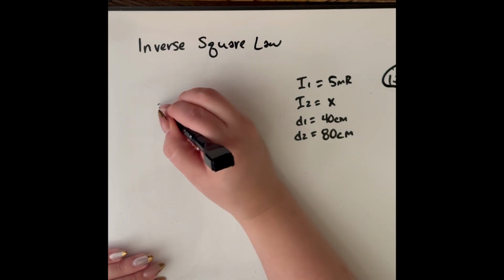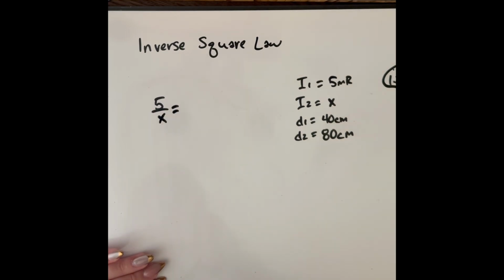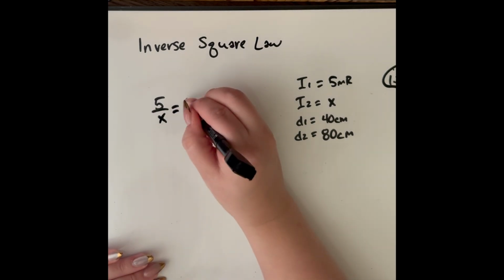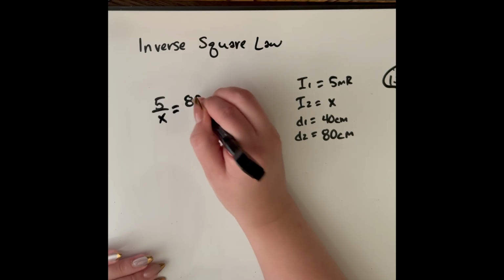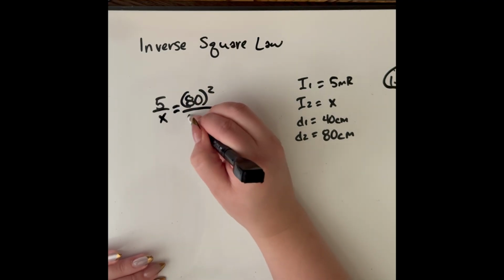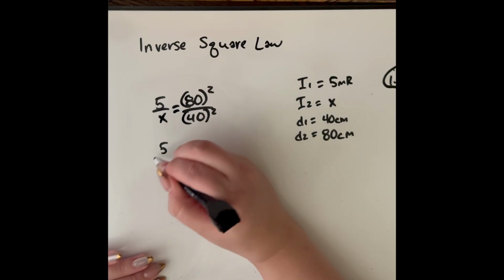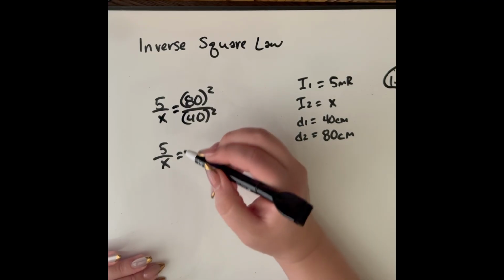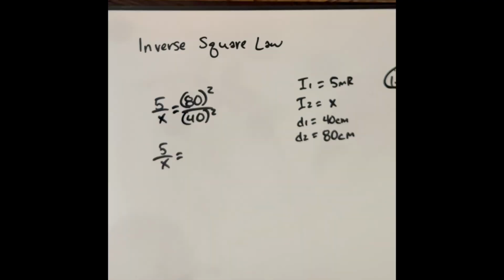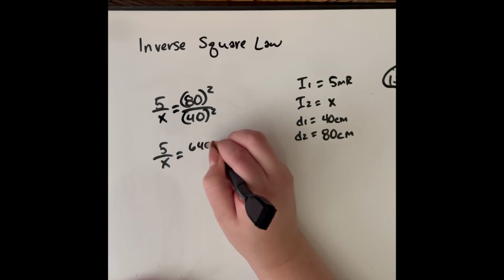So our I1 is going to be 5. We're still going to use x for our I2. Our D2 is 80, and we're going to end up squaring that, and our D1 is still 40. So get this all nice and pretty. 8 times 8 is 64, so this should be 6,400, but if you're like me, you're going to double check, and it is 6,400.